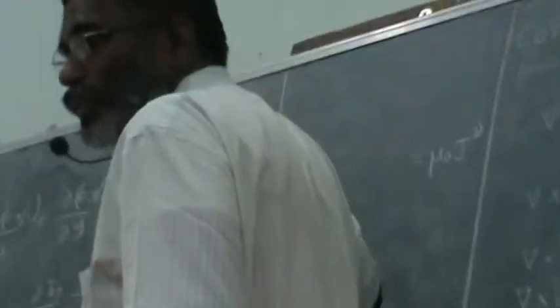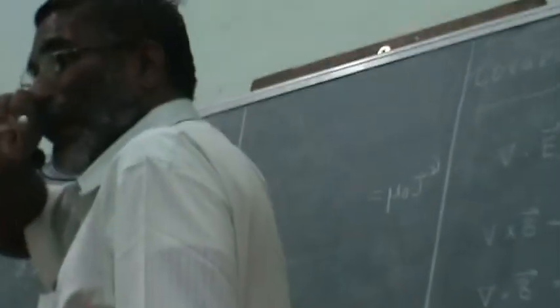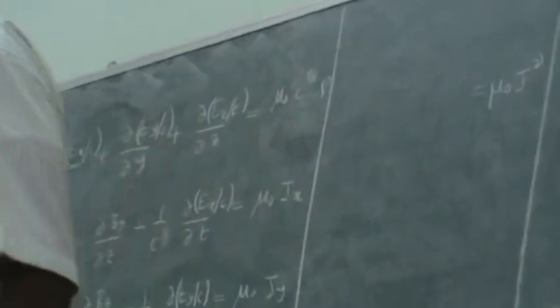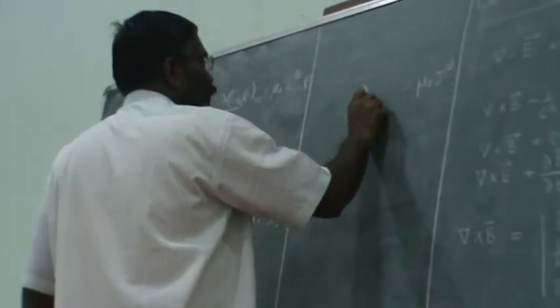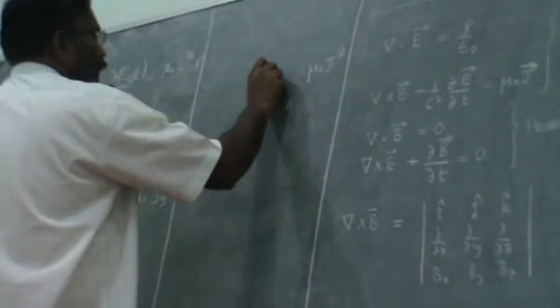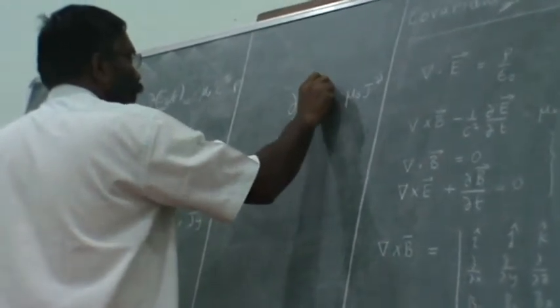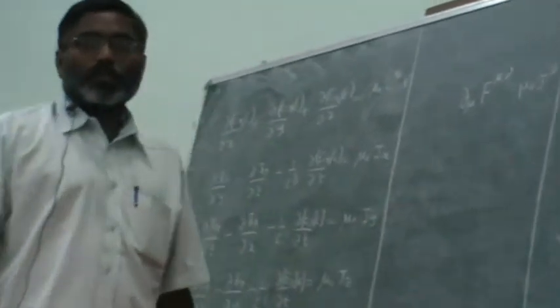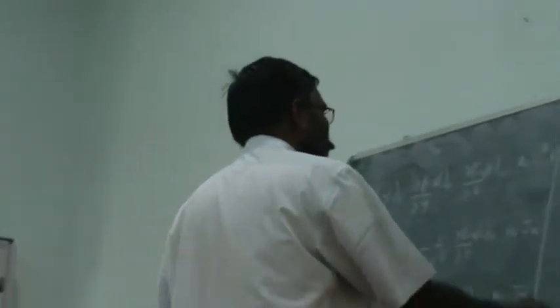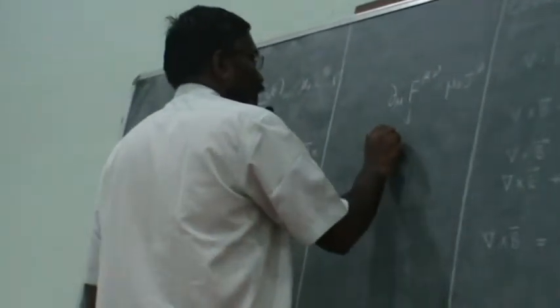But del mu is a 4 vector, and when it is taking a derivative of, we must write del mu of F mu nu, and you will get μ0 into j mu. So this field tensor F mu nu is what we have to find out. This F mu nu is called the field tensor.